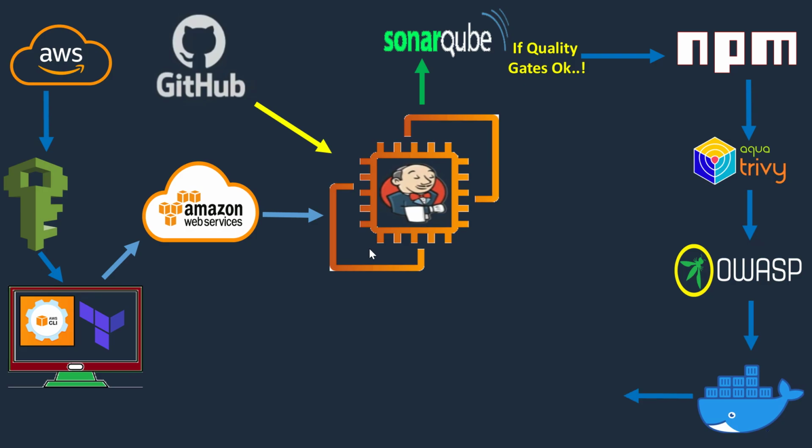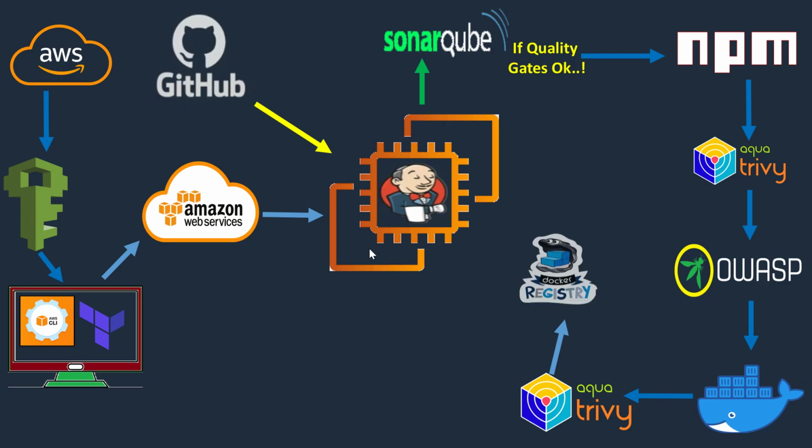After installing Docker, we are going to add another step for checking image vulnerabilities, checking Docker images and Docker containers. Once the check is over, whatever image we build, we are going to deploy into the Docker registry. Here we are using the public Docker registry.